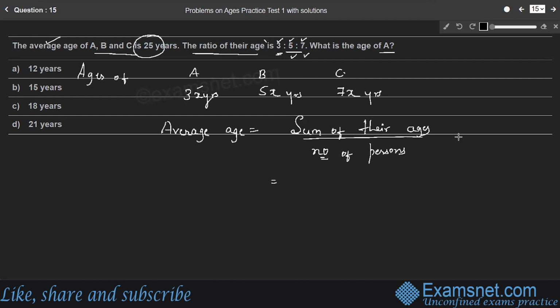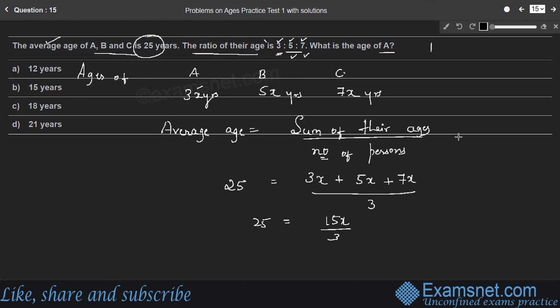Age of A is 3x years plus B is 5x years plus C is 7x years, divided by 3 persons, and their average age is given, which is 25 years. Therefore, 3x plus 5x, 8x plus 7x is 15x by 3 is 25.